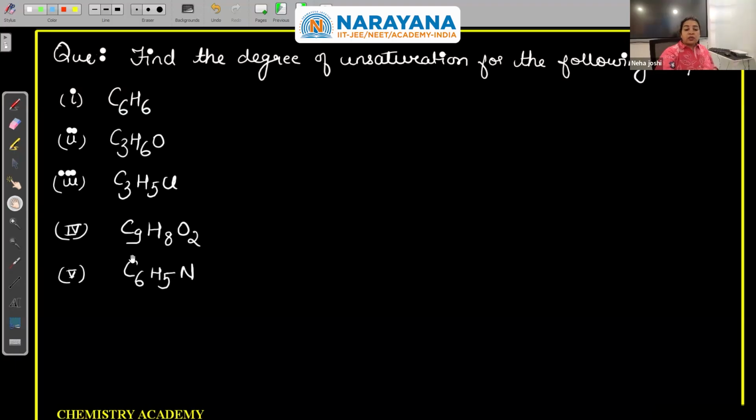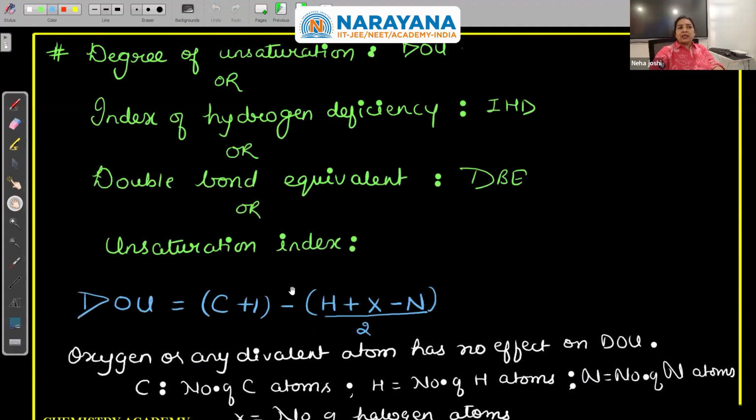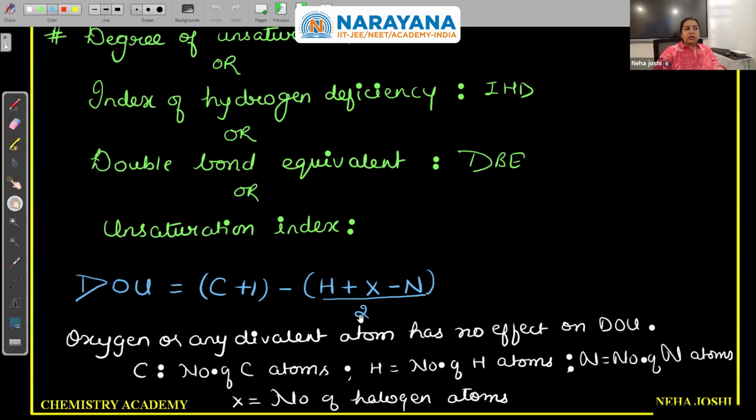If it comes as a formula, like C6H6, C3H6O, in these the use of this formula is very appropriate: C plus 1 minus H plus X minus N by 2. You can use this and continue your question.